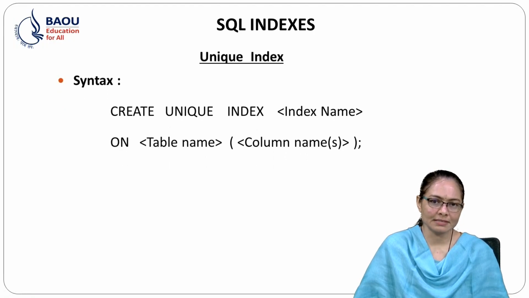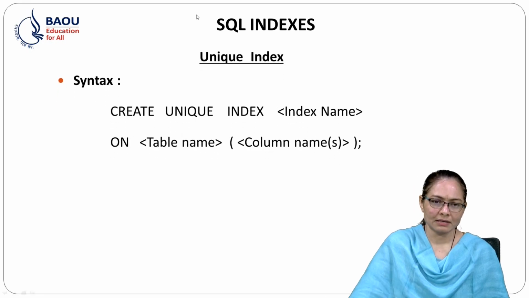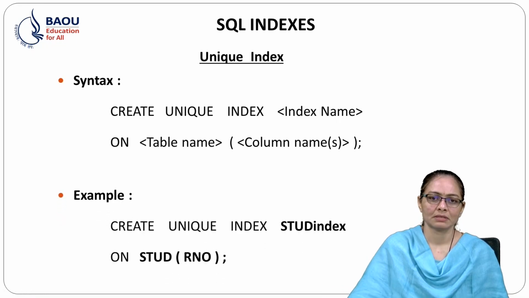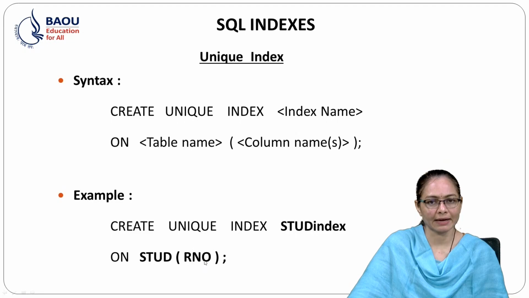Now, how to create the unique index? The unique index is created using the keyword unique. See the syntax: create unique index, then index name, on table name, then bracket column name, and then semicolon. See the example: create unique index, then index name, on stud, in the bracket roll number.